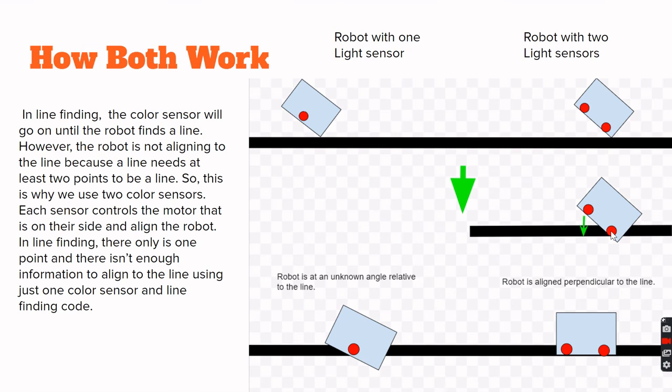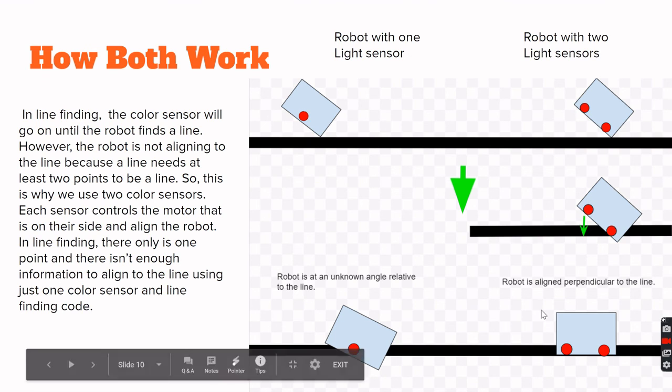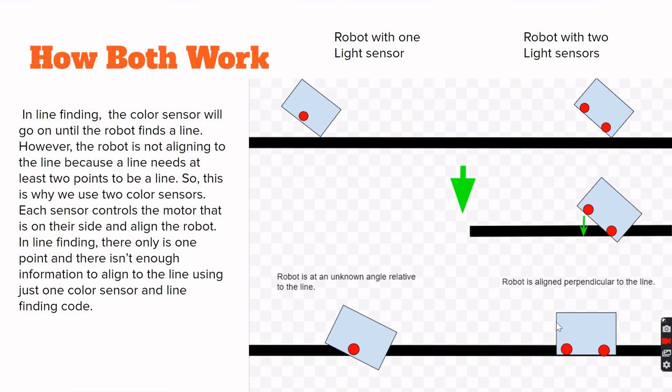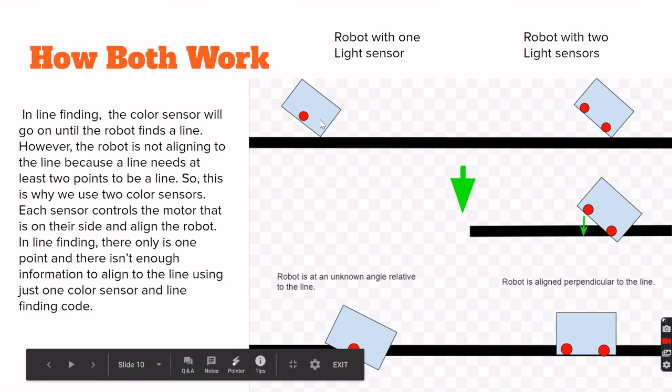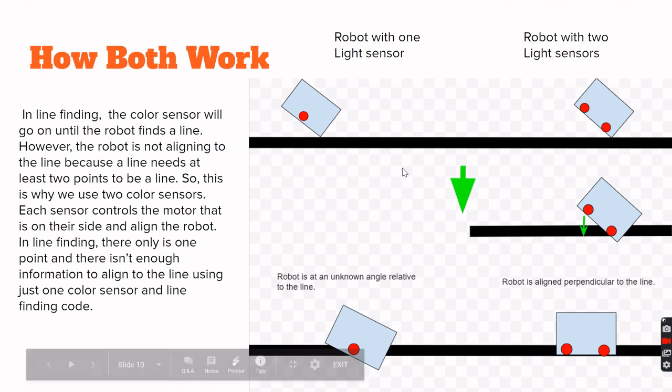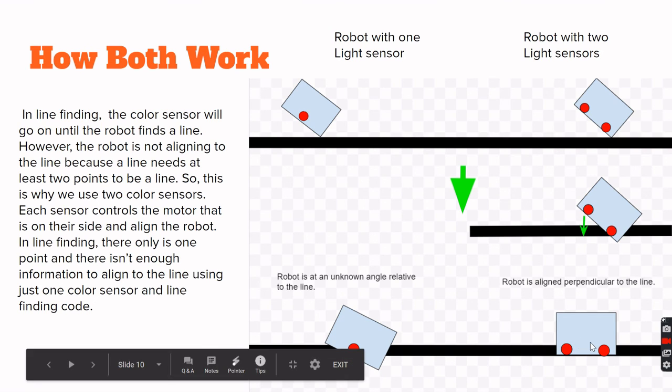One light sensor will stop on the line, the other one will keep on going, so this light sensor will tell this side of the motor to stop. This light sensor will tell this motor to keep on going. That way, we keep on going until we're perpendicular to the line. And one light sensor is just not enough information to align. You need 2 points to create a line, like I said before, and that's very important.